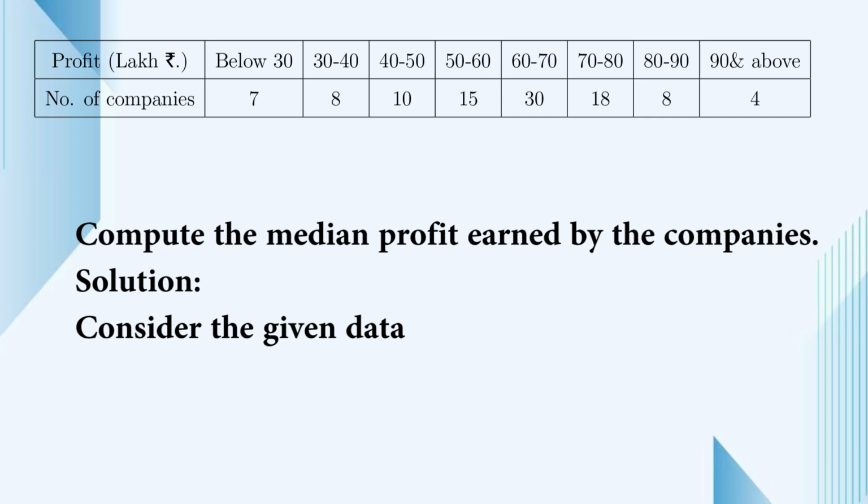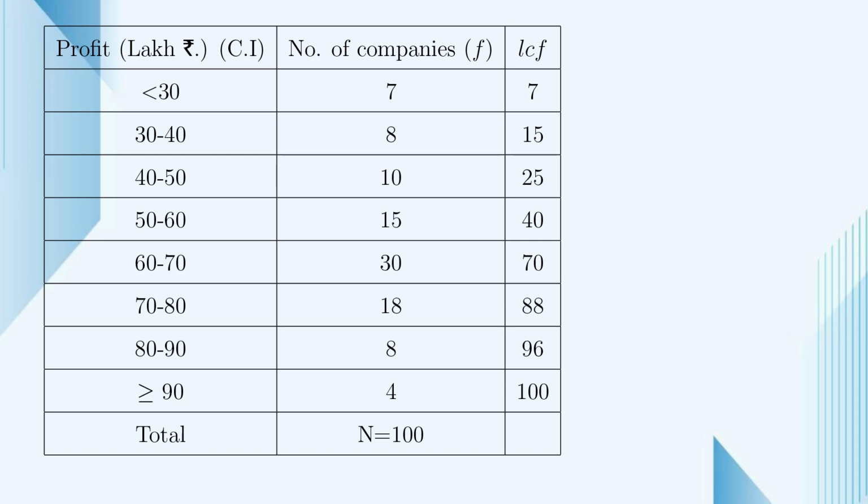Consider the profit given as class intervals in the first column and the number of companies denoted by F in the second column. The less than cumulative frequency values are 7, 15, 25, 40, 70, 88, 96 and 100, which is noted in the third column.